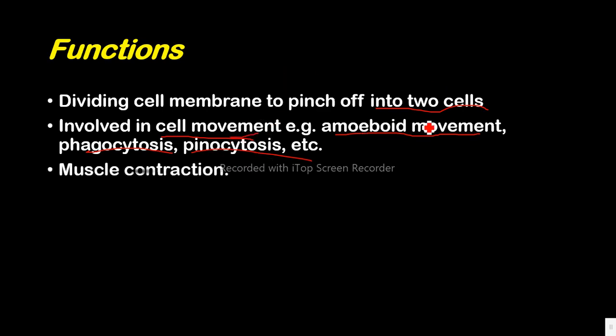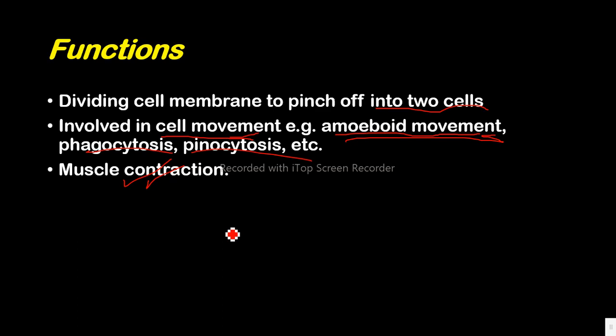We shall study this amoeboid movement in locomotion, not now. Then muscle contraction. Yes, these actin filaments and myosin filaments perform a strong function. They have a big role as far as muscle contraction is concerned.